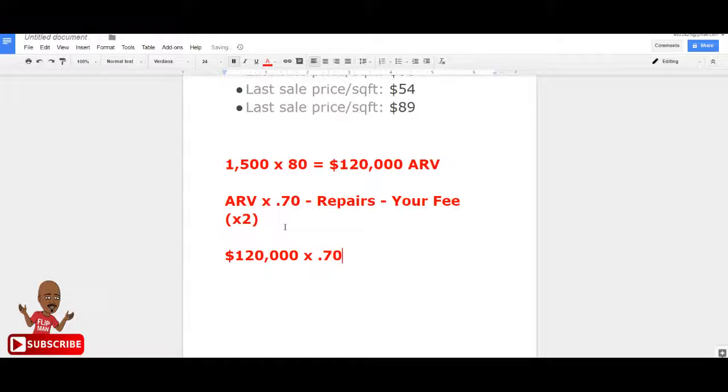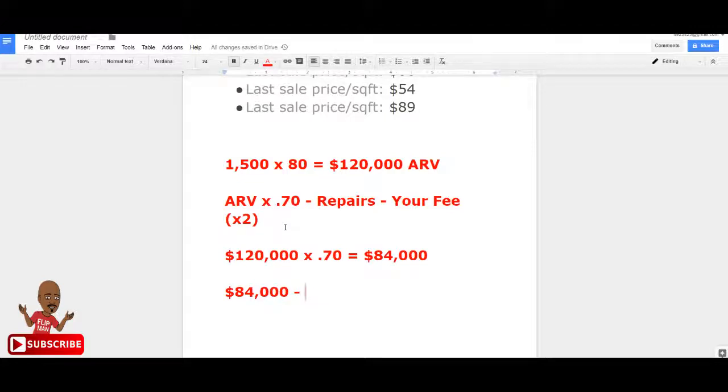You can use 60 if you want to, but just being a little conservative here. So that's 70%. We'll go ahead and do the total on that. So 70% is $84,000 minus repairs. So we'll just guess.